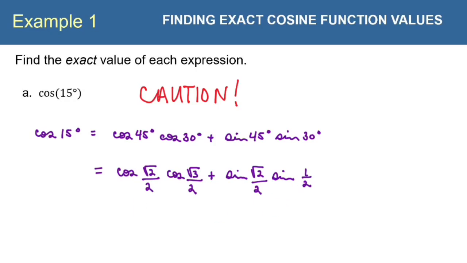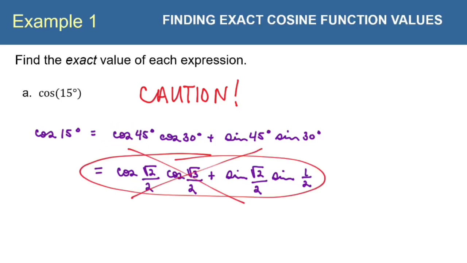Now, why is this wrong? Because the cosine of 45 degrees is not the cosine of square root of 2 over 2. You're not substituting square root of 2 over 2 in place of the 45 degrees. You should be substituting square root of 2 over 2 in place of the entire cosine value. So that is completely incorrect.